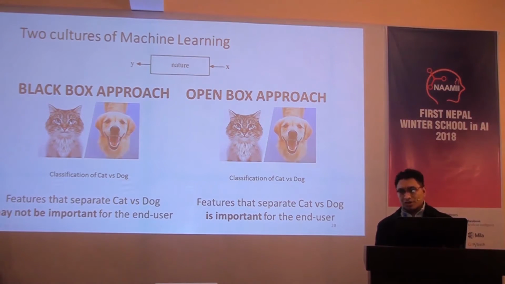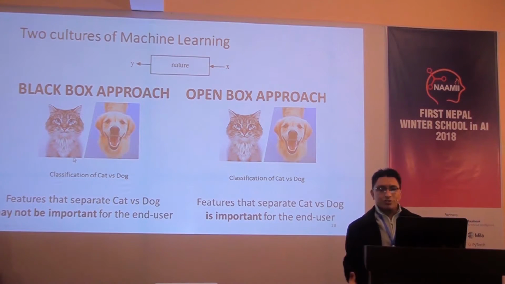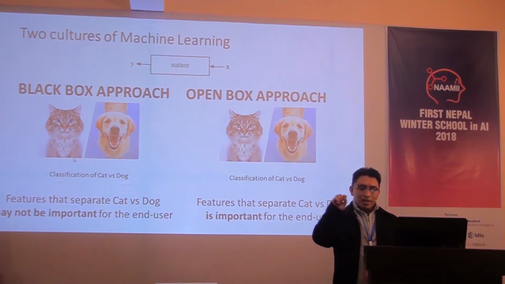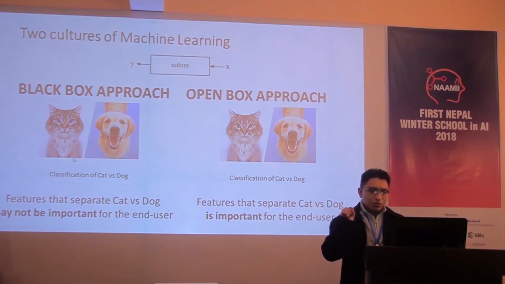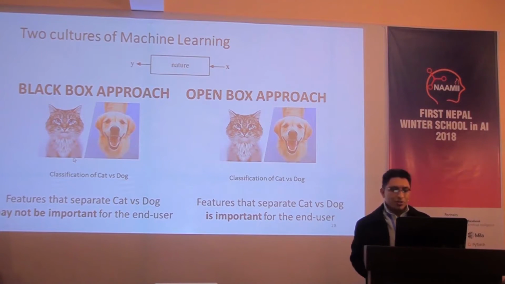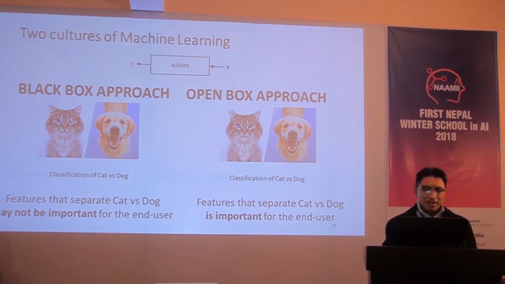In the black box approach, you try to classify the cat versus dog, right? And then you try to identify the features that distinguish cats versus dogs. Now the classification problem is done, and you have those features, but those features may not be important for the end users. So I'm not interested in what makes a cat and what makes a dog, and what differentiates cats versus dogs.